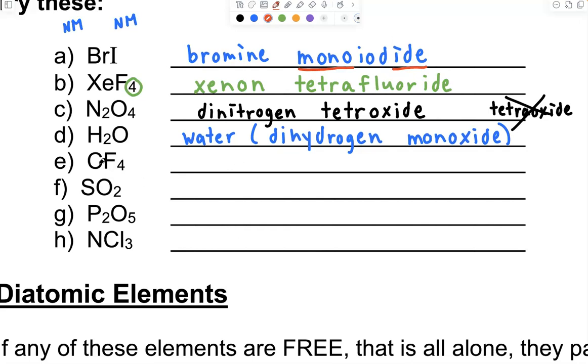We have carbon and fluorine, 2 nonmetals. There's only 1 carbon, and there are 4 fluorine. Again, 4 is our tetra. So we have tetrafluoride.